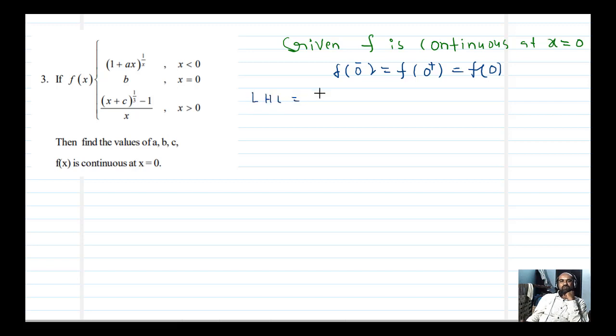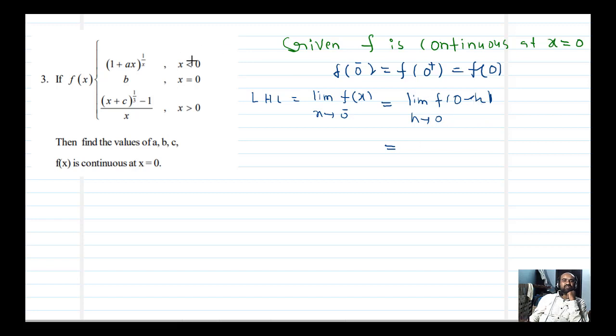The limiting value as x is tending to 0 minus of f of x is the same as the limiting value of f of 0 minus h as h tends to 0. So instead of x I want to write 0 minus h in this formula.